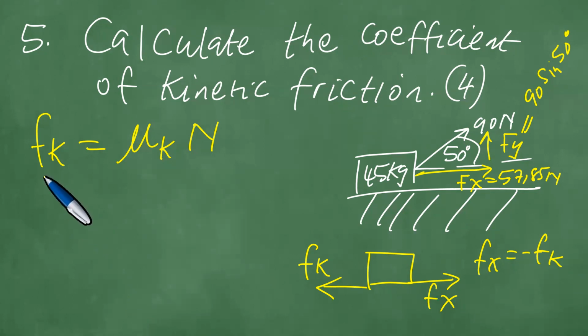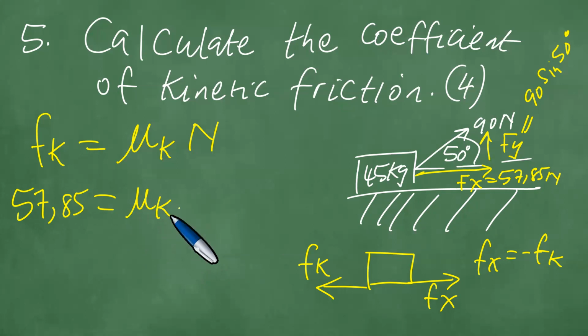For Fk now, you're going to have 57,85. It's equal to Fx because the box is moving at constant velocity, so the forces acting on it are in equilibrium. And therefore this equals mu subscript K times the normal force.